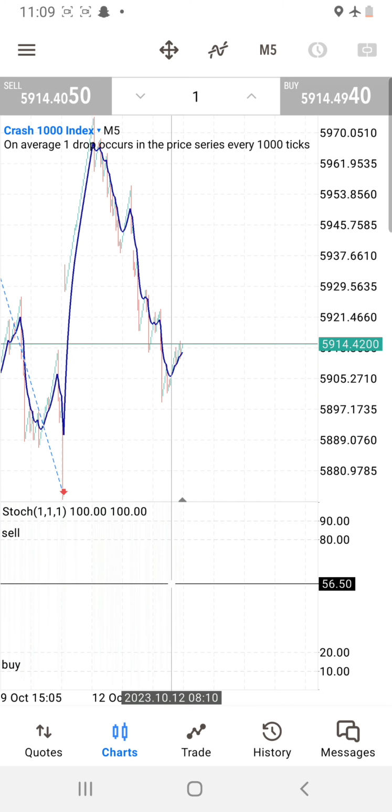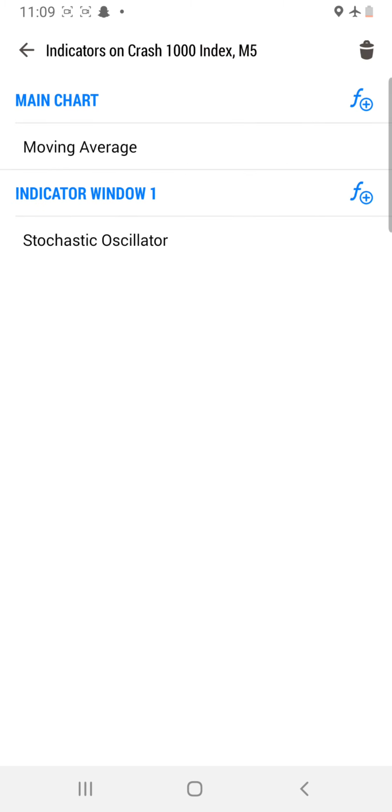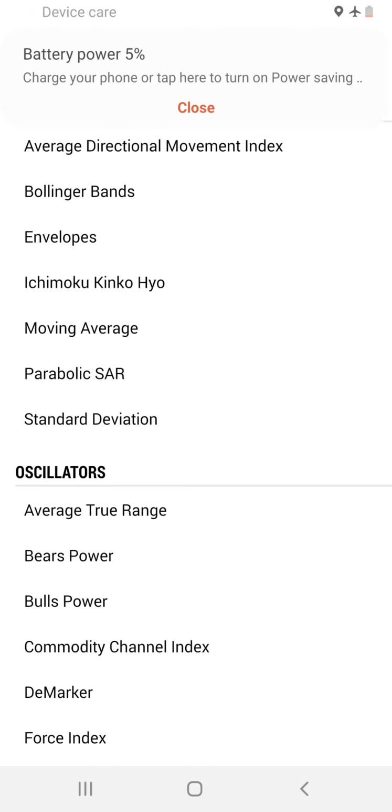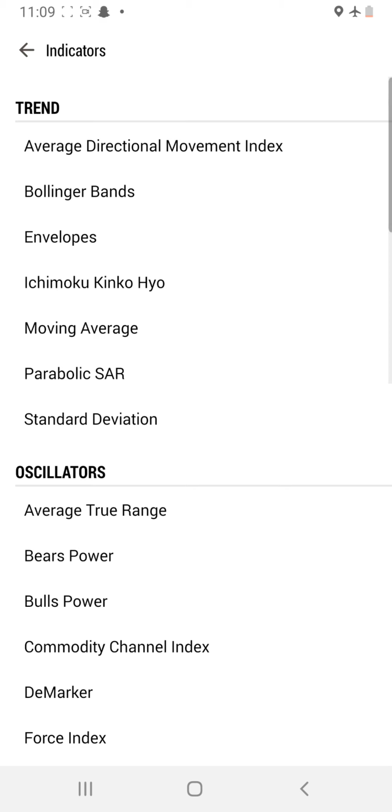Okay, now from there on, we want to add the next indicators. Going back to my indicator section, this time we'll click where it says indicator window 1, and we're going to add a moving average.